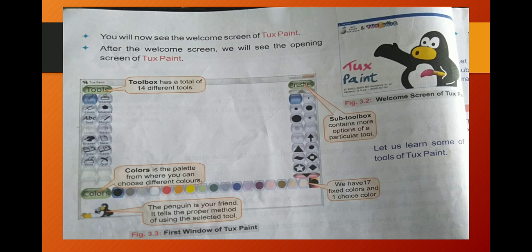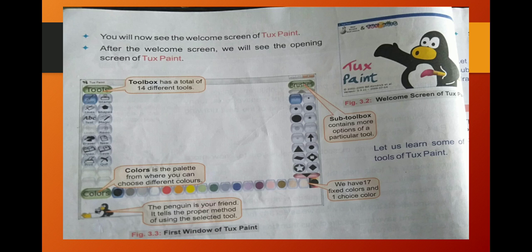Then see the colors group. Colors is the palette from where you can choose different colors. When you want to make your drawing in different colors, you can select the colors from the color palette tool. Then see the brushes tool.